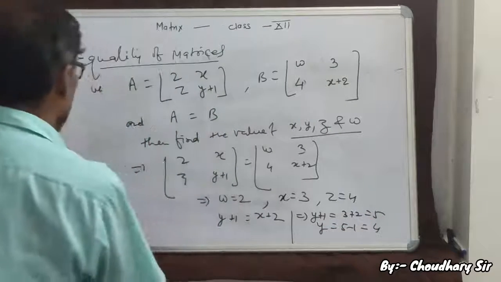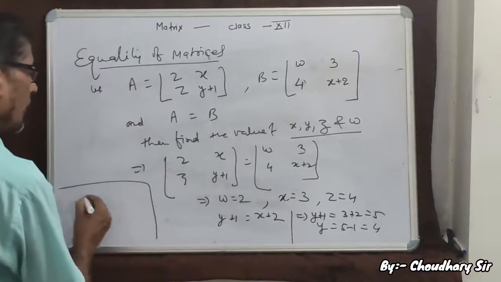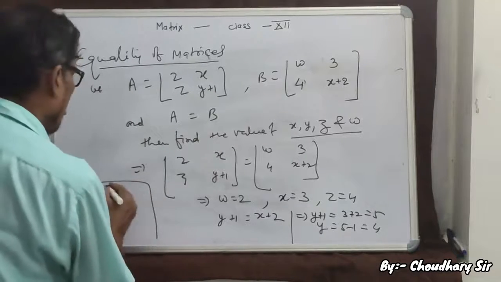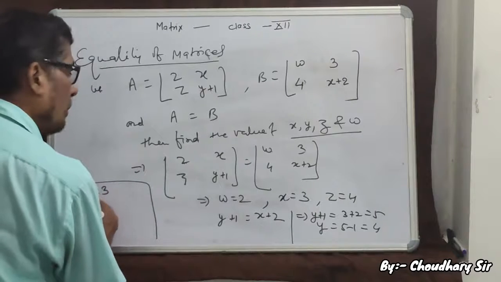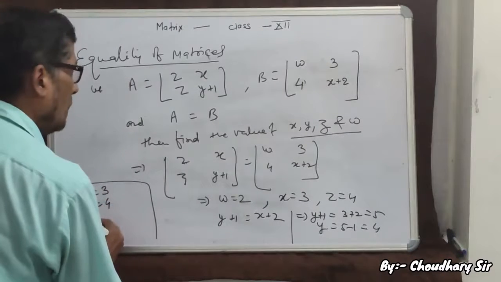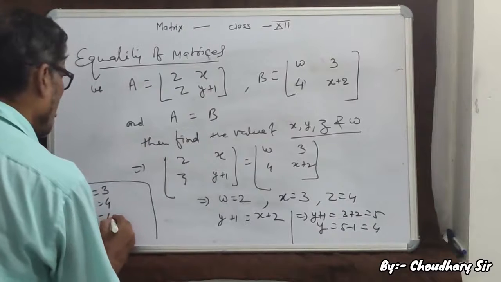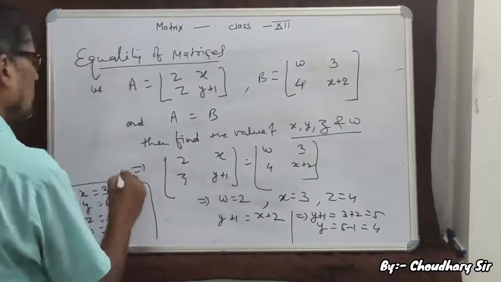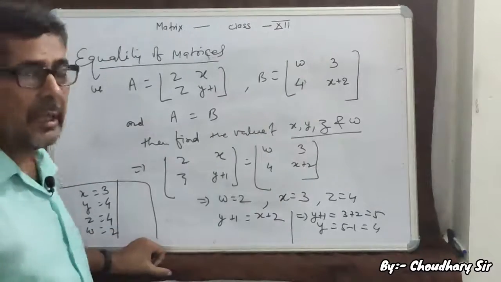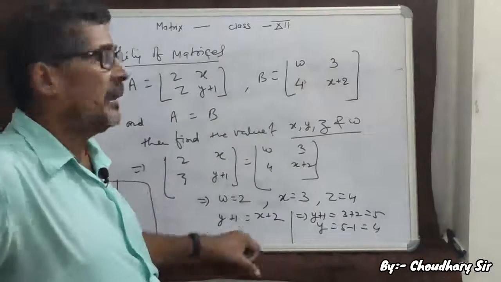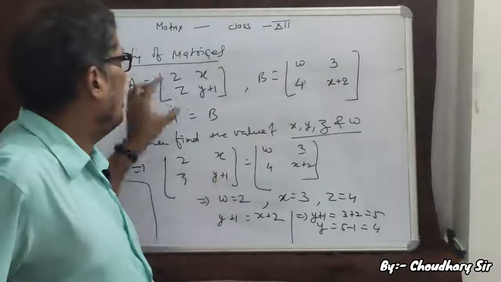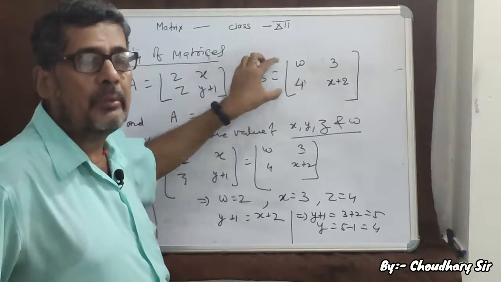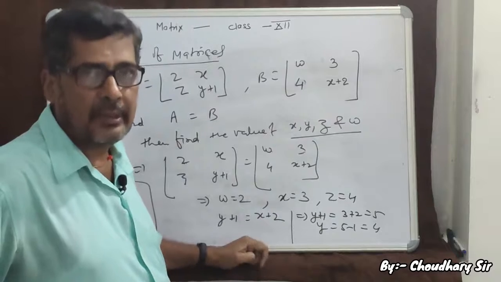So your answer is x equals 3, y equals 4, z equals 4 and w equals 2. So, is it clear that if two matrices are equal, then any element of the first matrix must be equal to the corresponding element of the second matrix?